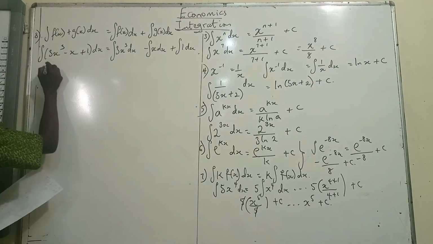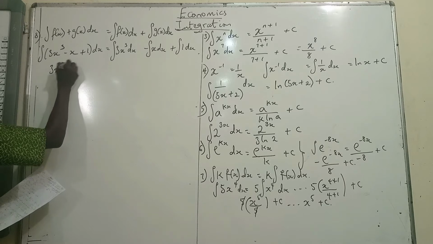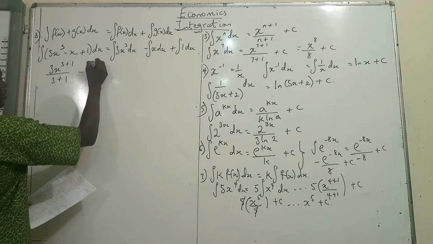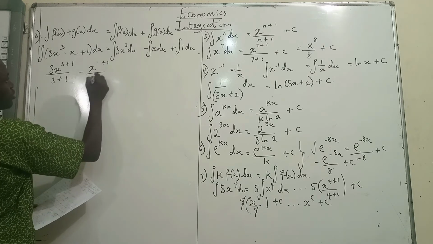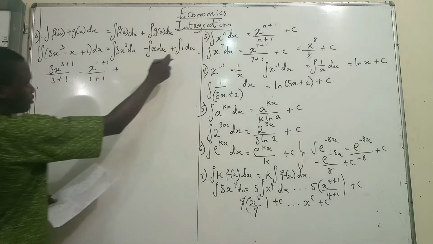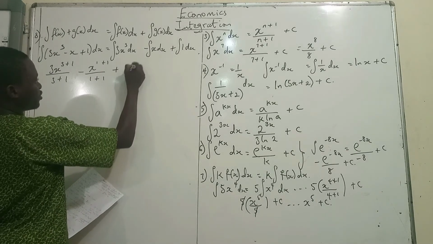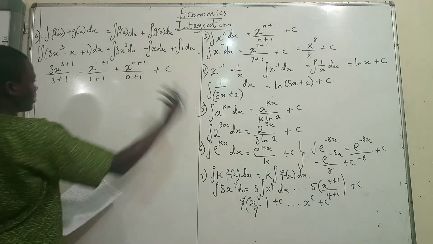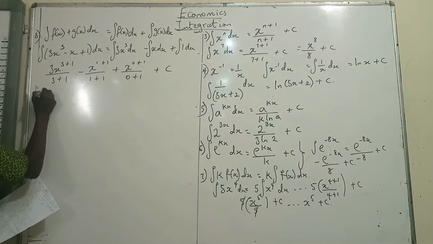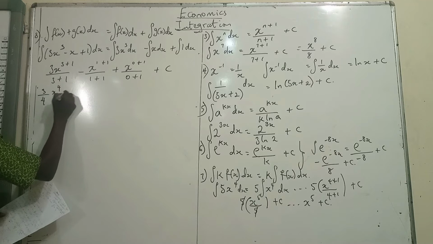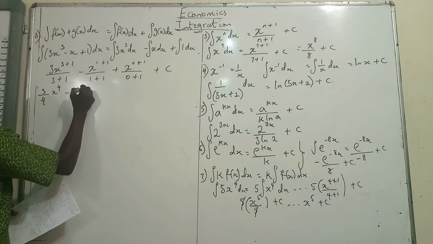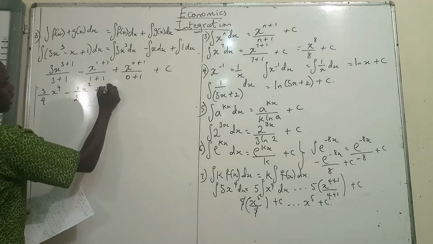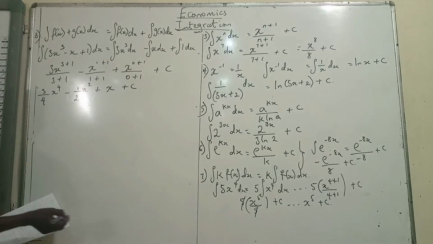We're having 3x raised to power 3 plus 1 divided by 3 plus 1, minus this one, x raised to power 1 plus 1 divided by 1 plus 1. Then this is just 1, which we can express as x raised to power 0, so x raised to power 0 plus 1 over 0 plus 1, then plus a single constant term. So this is going to be 3 over 4 x raised to power 4 minus 1 over 2 x raised to power 2, then plus x, then plus c. So that's it, we are done.